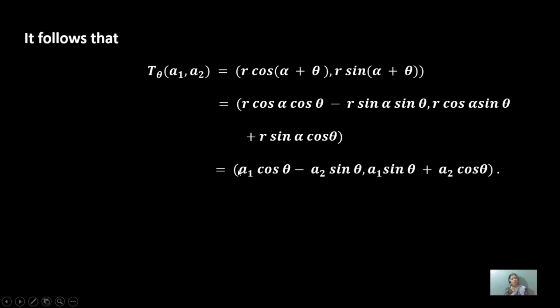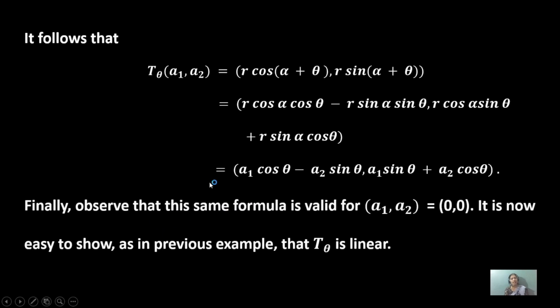You know that r cos alpha means a1, and r sin alpha means a2. So the first component is a1 cos theta minus a2 sin theta, and the second is a1 sin theta plus a2 cos theta. Putting in all the values, finally both observations hold with (a1, a2) equal to (0, 0).